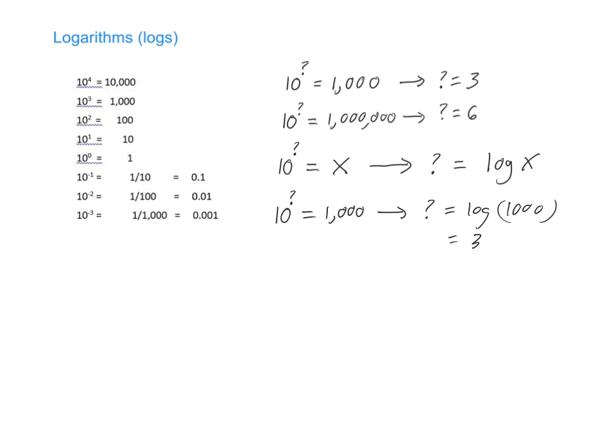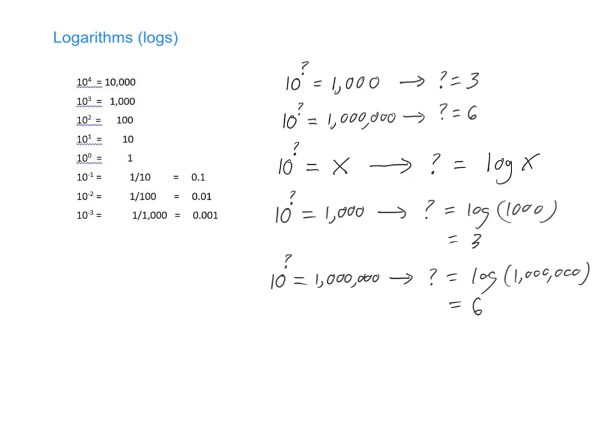Likewise, if your favorite number is 1,000,000 and we say 10 raised to what power is equal to 1,000,000, in other words, how many times do I have to multiply 10 by itself in order to get 1,000,000, we call the answer log of 1,000,000, which must be equal to 6.